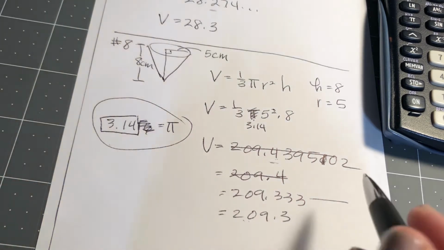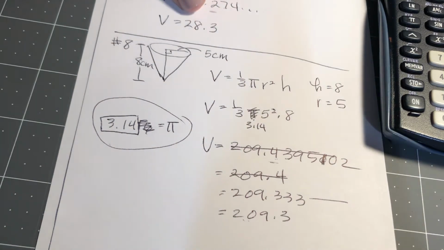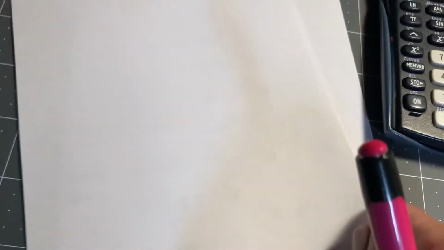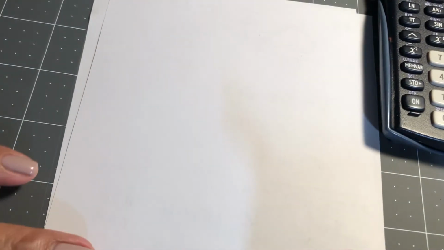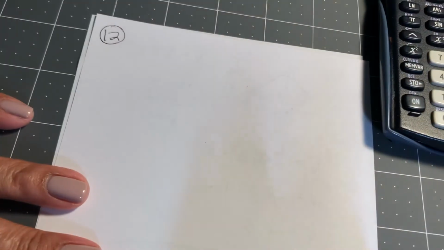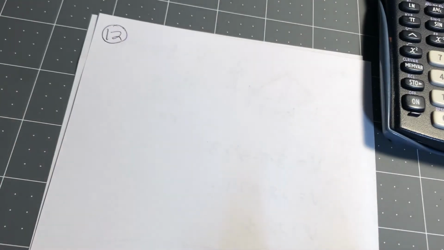So let's do the next one. Let's do number 12. Right. So for number 12, let me see what I have here. We have find the volume of a cone again.